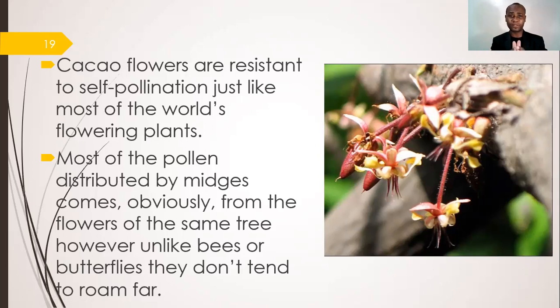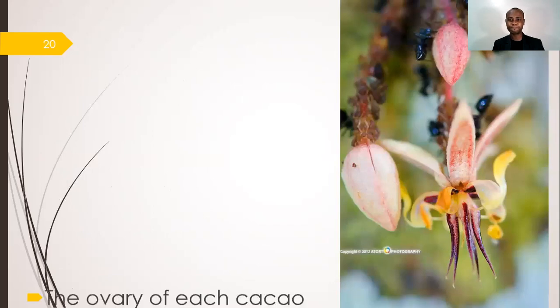So it is very important to have more midges, because the few midges on the farm cannot travel a very long distance. And because they cannot travel a very long distance, they cannot cause pollination on a very big farm. So if the colony of the midges is not really large, then you are going to have less pollination and less fruit formation on your farm.